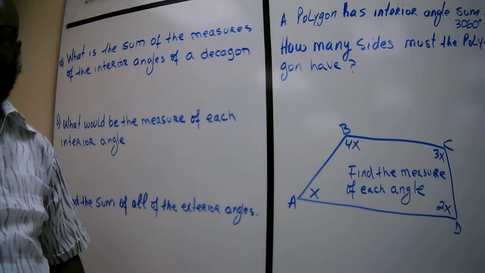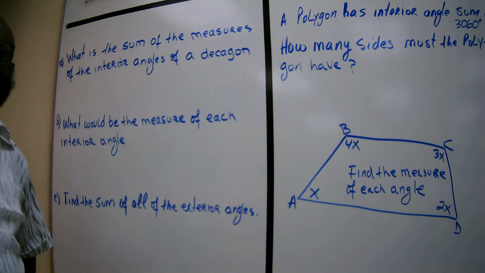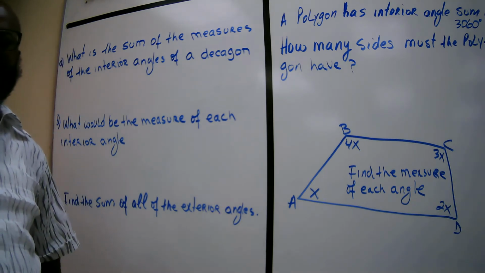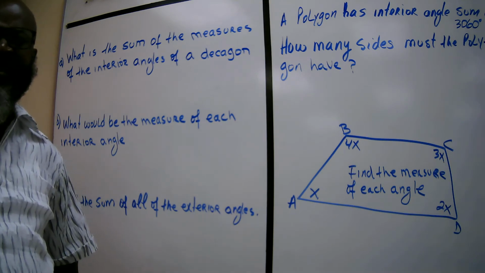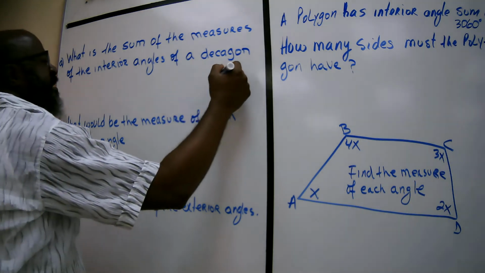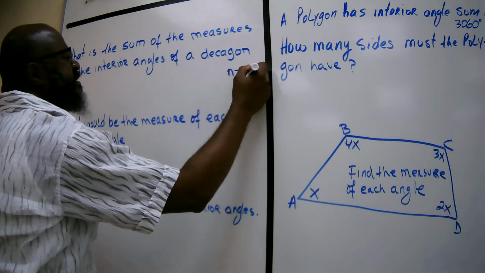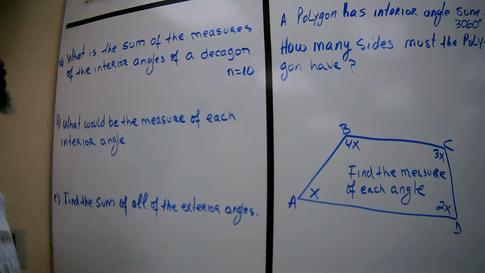We are continuing our lesson in solving for the interior angles of a polygon and a regular polygon. So you have a word problem where it says, what is the sum of the measures of the interior angles of a decagon? Decagon, that means n is 10. We are looking for the sum of the measures.